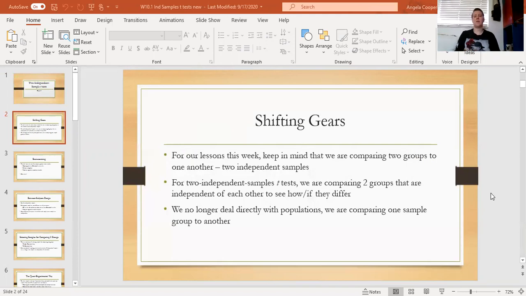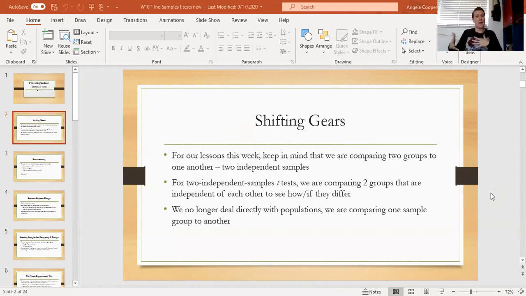Okay, so back last week, when we talked about one sample z-tests or one sample t-tests, remember that we were comparing a provided population to the population of a sample that we were generalizing for. The population was generalized from the sample.